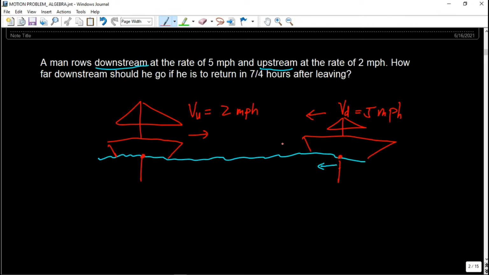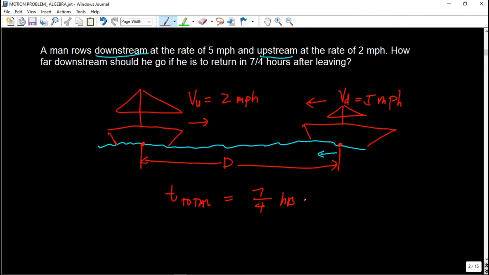What is the distance? If he is to return in 7/4 hours after leaving, it means the total time consumed is equal to 7/4 hours.